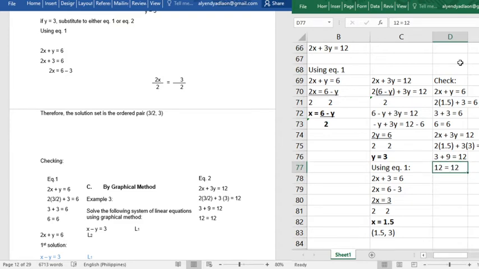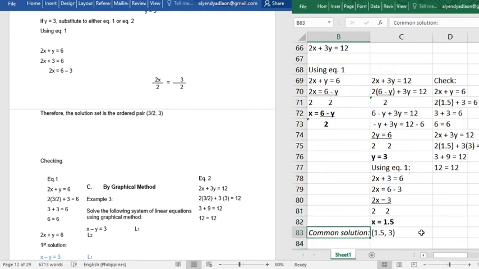This statement is true, and so therefore 1.5 and 3 really satisfied both of our equations. So this is now our common solution.